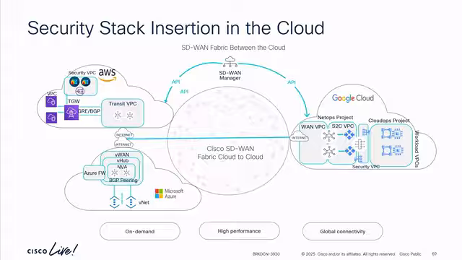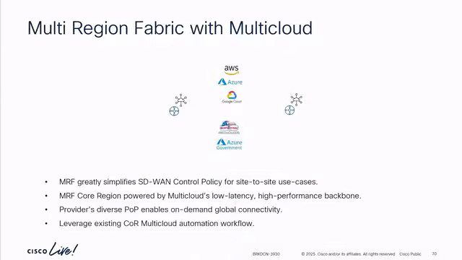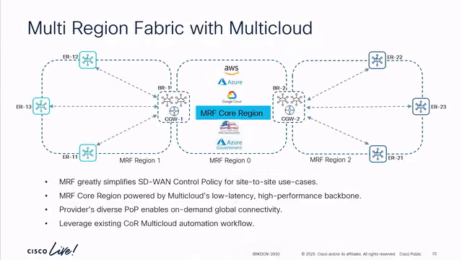I'm also going to talk about multi-cloud defense at the end here, which is a cloud-native firewall that we can introduce to potentially augment some of your security connectivity in the cloud. Now, for those of you that are familiar with SD-WAN and our SD-WAN platform, you may know that we support something called multi-region fabric.